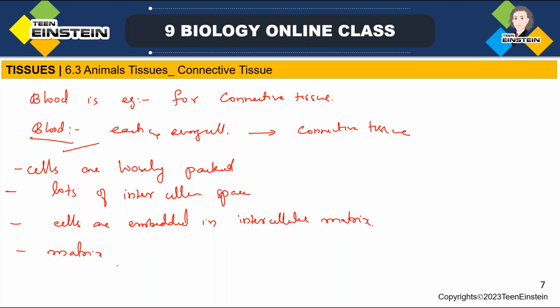In blood, whatever fluid you see is the matrix, and the blood cells are embedded in that matrix, right? Between the cells there is not a thick substance, it's very loose. So the cells have a lot of intercellular space, and the matrix in which the cells are embedded is like a fluid.